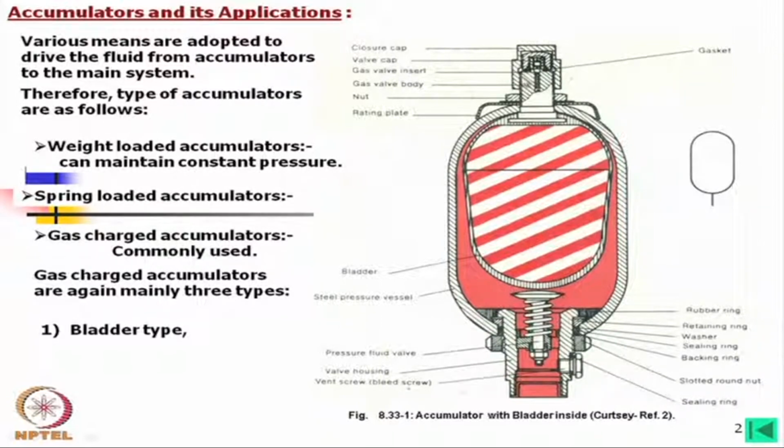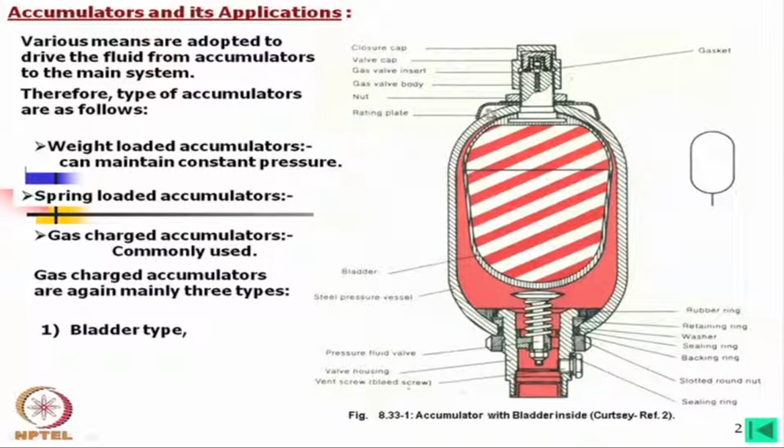If you remove the closure cap, then we have a valve cap, and if you remove that one, then there is a valve. It is basically a non-return valve, and we can insert the gas through it. This is the valve body.